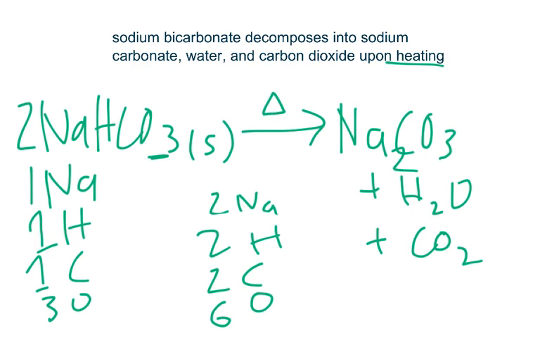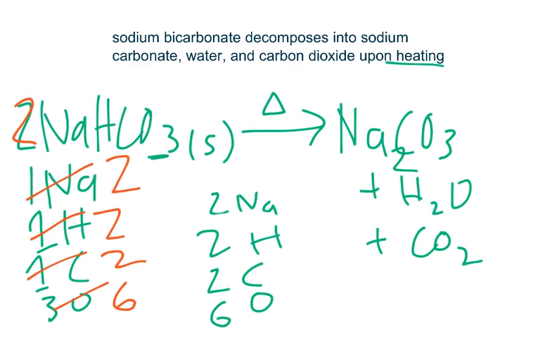And if we multiply by 2, then we get 2 sodiums, we get 2 hydrogens, we get 2 carbons, and 6 oxygens. Oh wow, look at that. It balanced itself. 2, 2, 2, 2, 2, 2, 6, 6. So sometimes when you balance stuff, miracles happen and you are saved.